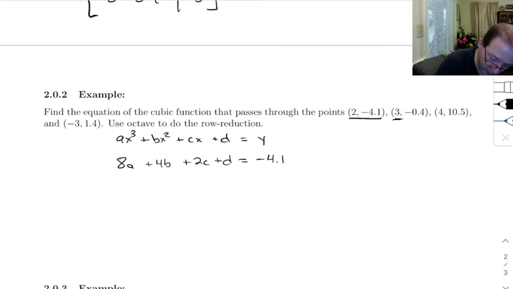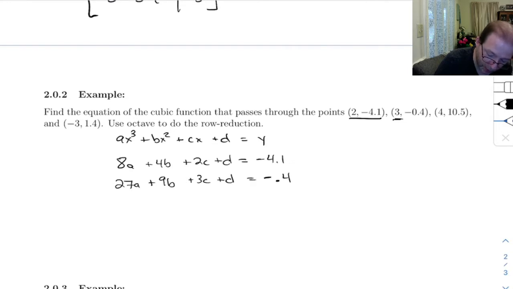For 3, we're going to get the powers of 3 going across here. So 3 cubed is 27, 3 squared is 9, plus 3c plus d equals negative 0.4.